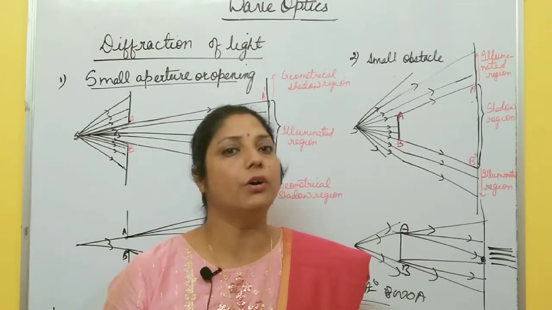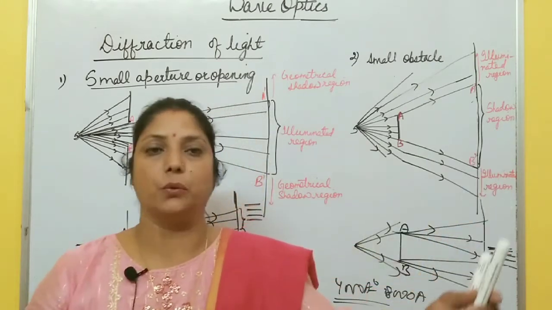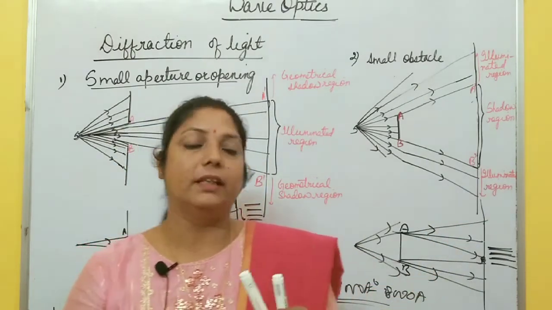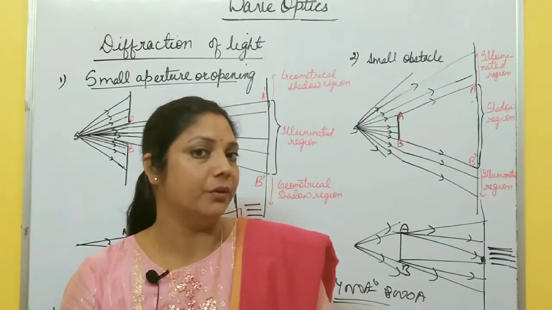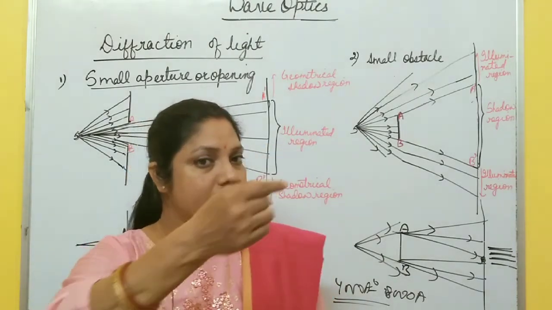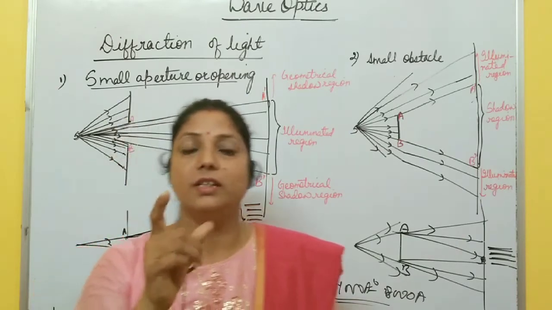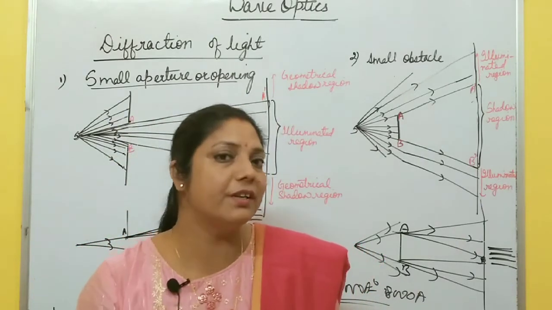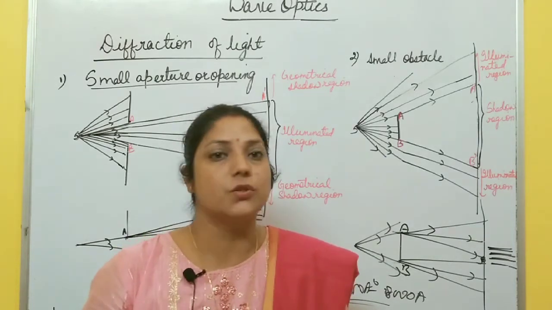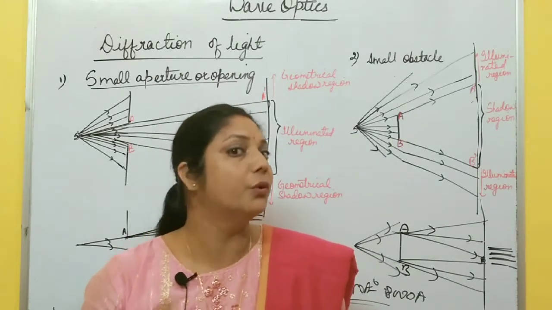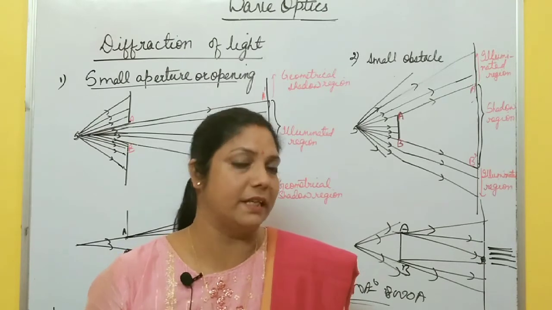But one thing you observe: when the door or window is open at your home, light enters through it and moves in a straight line. Why? Because the size of the door or window is very large compared to the wavelength of light used, so no bending takes place, no diffraction of light takes place.